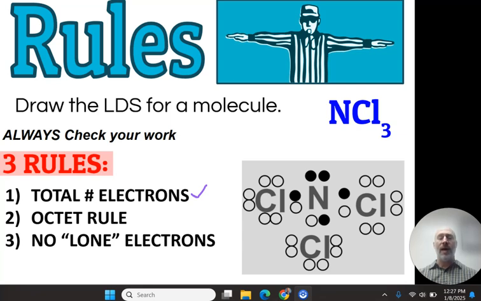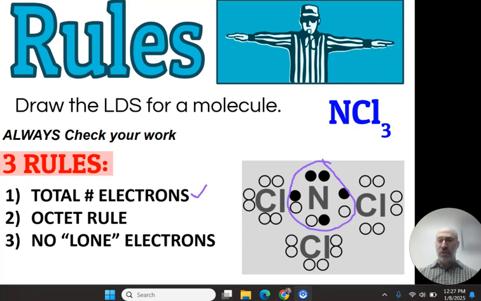The next rule is the octet rule. Every atom has to have 8 around it. Octet, like octopus, octagon, has to have 8. So if I look at these, nitrogen here, does it have 8 electrons around it? It does, right? So if we look right there, boom, it's got 8. Now what about the chlorines?